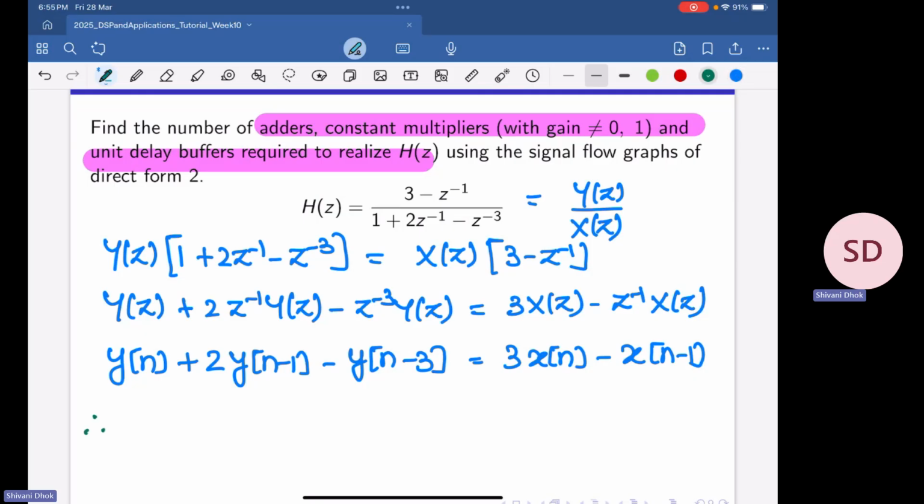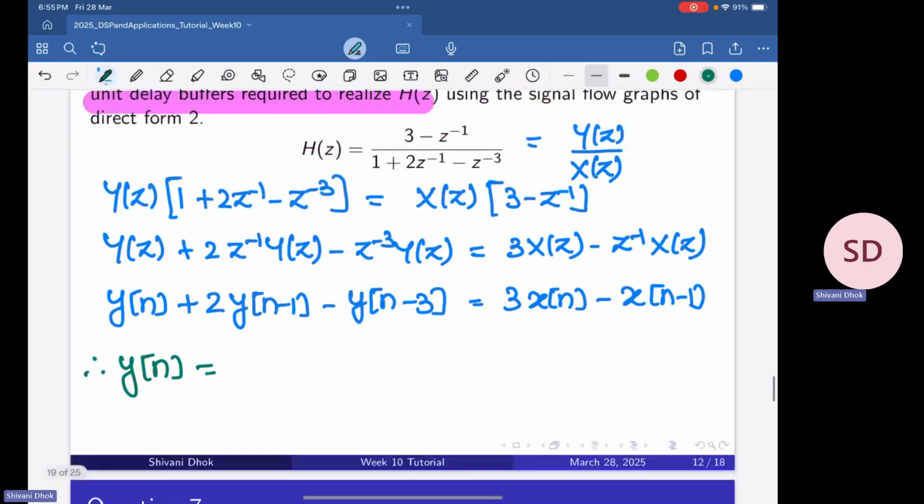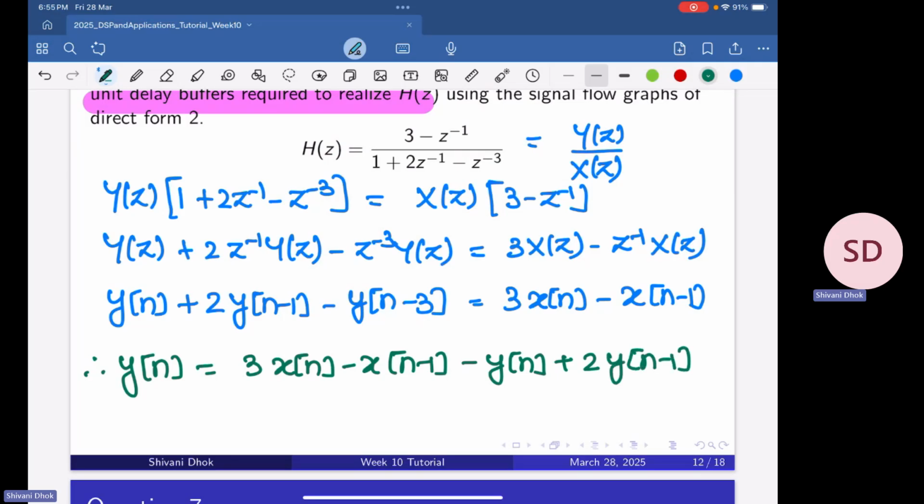Therefore y(n) is equal to 3 times x(n) minus x(n-1) minus 2 times y(n-1) plus y(n-3).